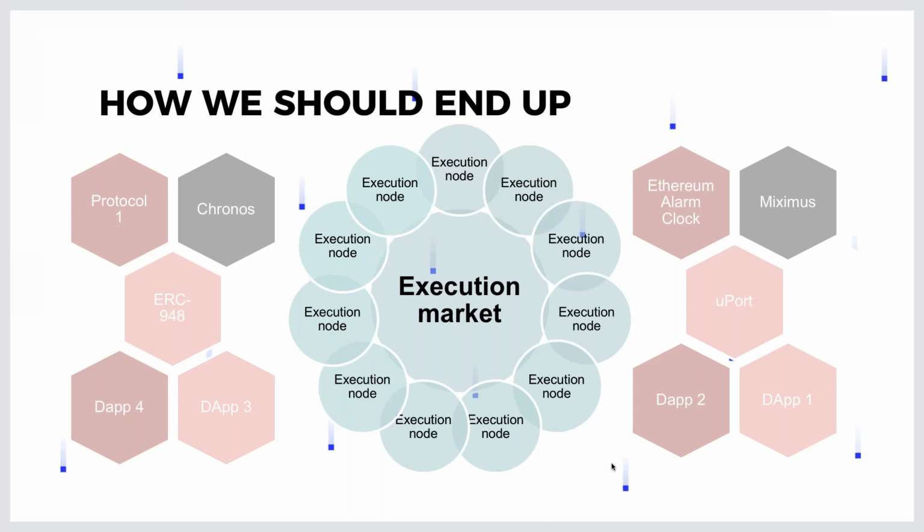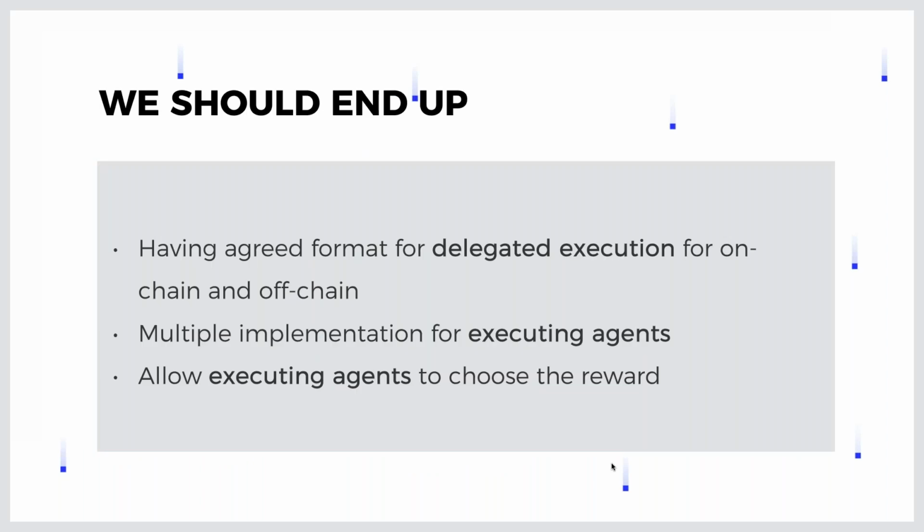So we have greater decentralization, and the more nodes, the better. As well, for the small DApps and small protocols, it removes the burden of creating their own network, which is not a trivial thing. That's from our experience.